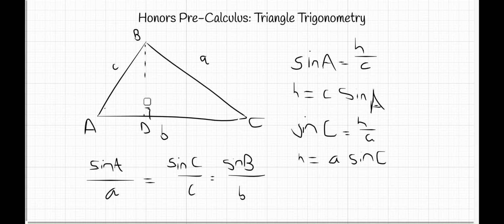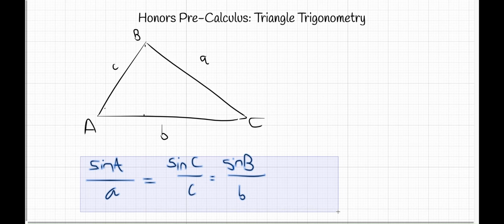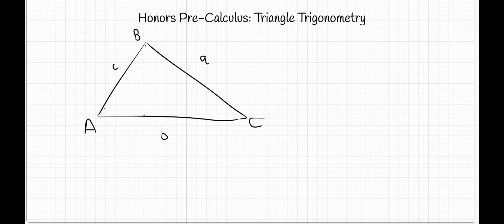Now, law of cosines. Using the same triangle, we can prove the law of cosines. The law of cosines is similar. It determines a relationship, except it uses cosine instead of sine. So the proof for this is similar.